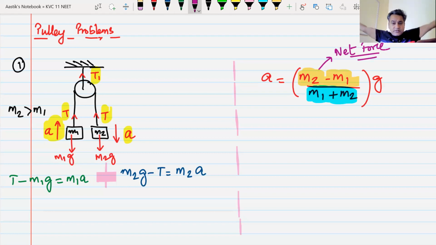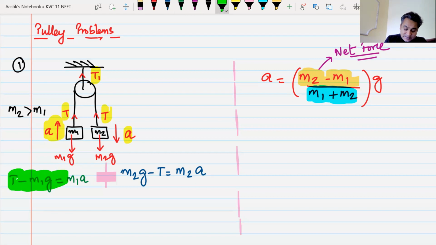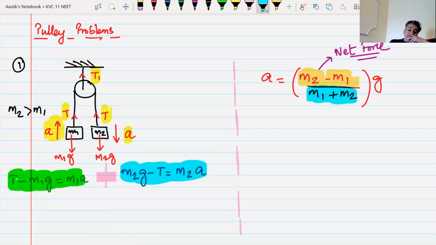The bigger force is M2G. M2G wins. So you can remember it like this: M2 minus M1, bigger minus smaller, net pulling force, into G divided by M1 plus M2. If you can't remember it, you can always calculate the answer in this way. Do we understand this? If you can't remember it, not a problem.